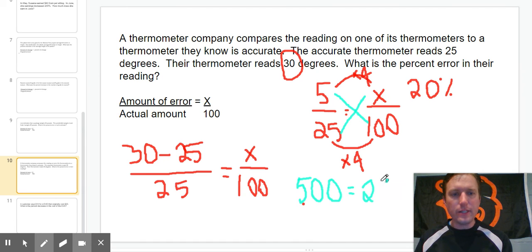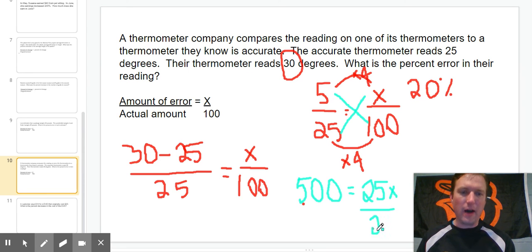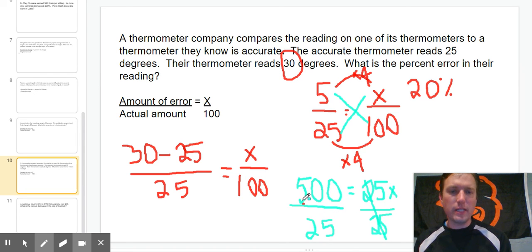And what I need to do is the inverse operation. Since I'm multiplying here, I'm going to divide. So I divide by 25: 25 divided by 25 gives me 1, and I'm left with just x. 500 divided by 25, and isn't math cool? 25 goes into 50 two times, and I have dropped my zeros, so that would be 20. x equals 20.